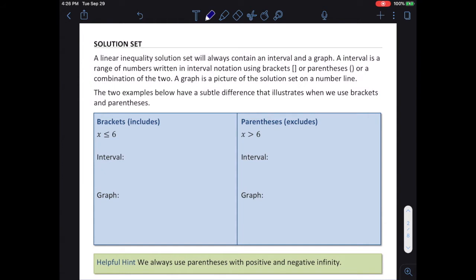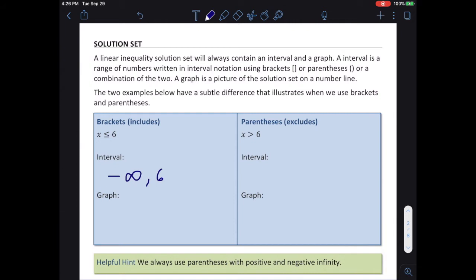So if I think about this, the interval is just a range of numbers. Well, if x is less than or equal to 6, that means it could be anything less than or equal to 6. So that means that our lowest number that x could be is negative infinity, and the highest number that x could be is 6.